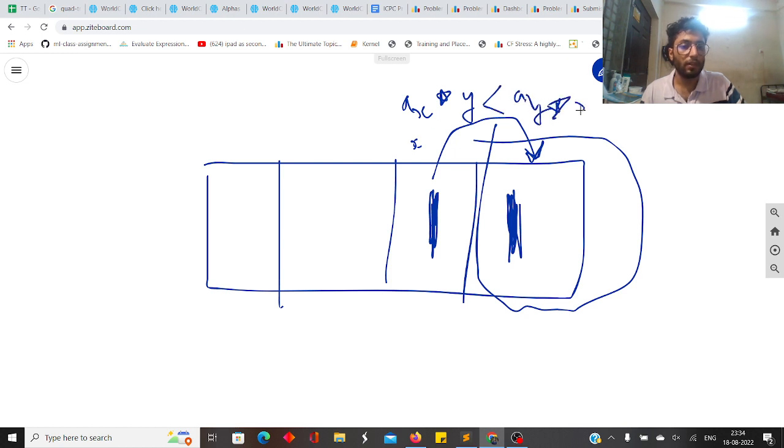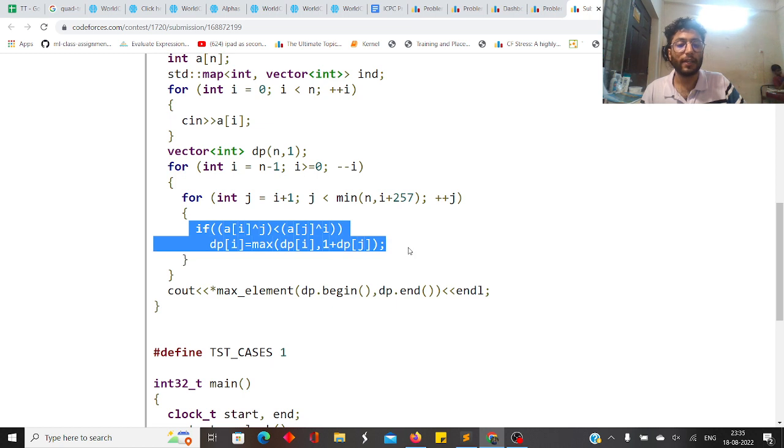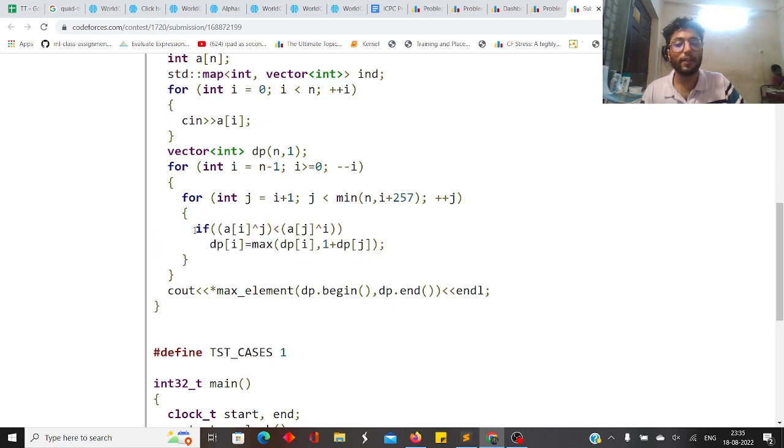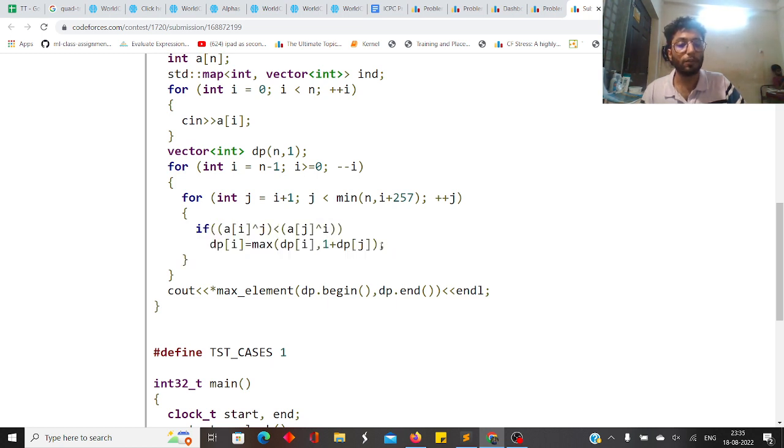In that case, I can extend this subsequence by the subsequence starting at that position. So my dp[i] would become the maximum, since I have to check for all the possible j's lying in the range from i plus 1 to i plus 257. I check whether I can extend this solution or not, and if I can, I extend it in such a way that the value of my dp[i] is maximum.